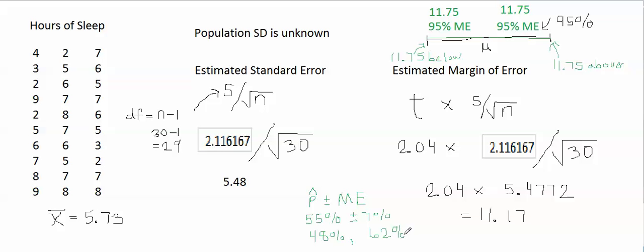When you add and subtract the margin of error from the sample percentage, which is the symbol p hat right here, you get these two numbers. You get a lower number and an upper number. If the lower number is below 50%, then you actually can't be confident that the person will win the election, because the margin of error is telling you that the true population percentage could easily be as low as 48%.